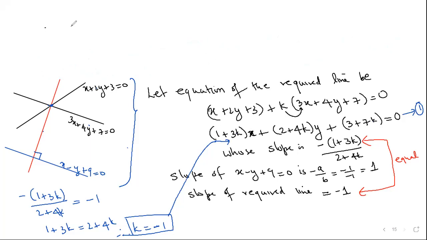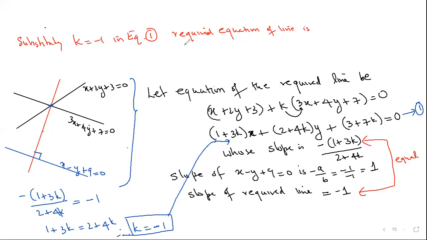So substituting k equal to minus 1 in equation 1, the required equation of the line is: so what will be the answer? 1 plus 3 into minus 1, into x, plus 2 minus 4 into y, plus 3 minus 7 equal to 0.